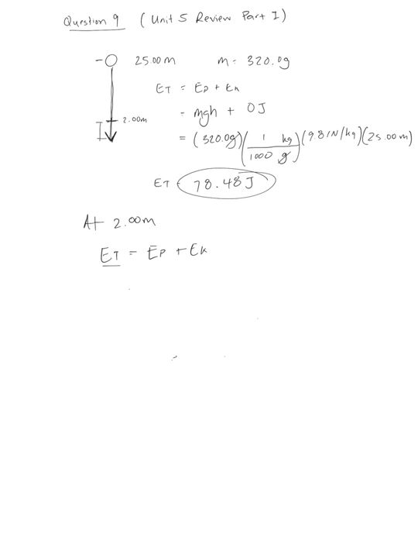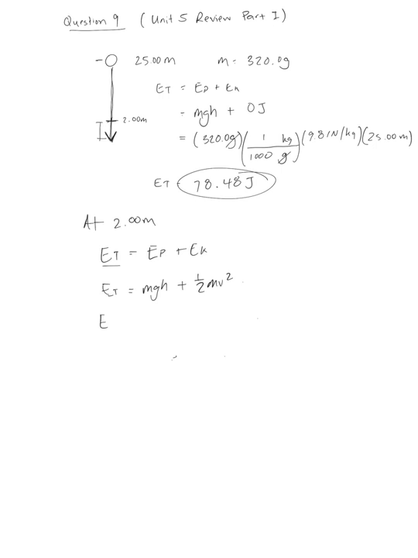The potential energy is going to be equal to mgh, and kinetic energy is 1/2 mv squared. We want to actually find the velocity, so we're going to solve this for velocity.